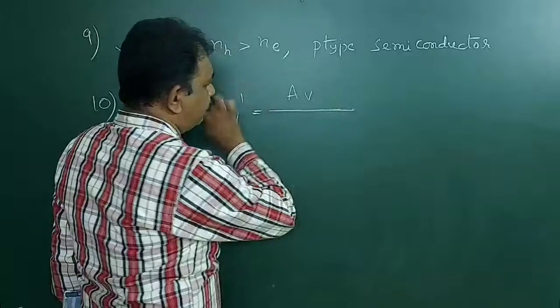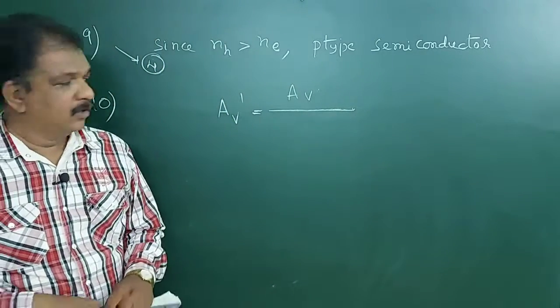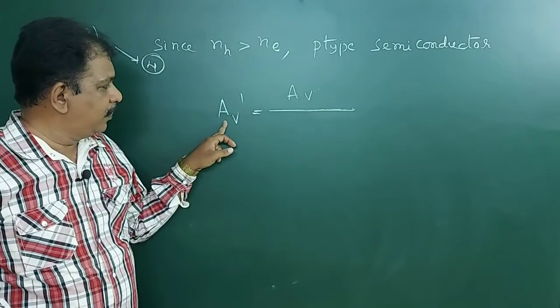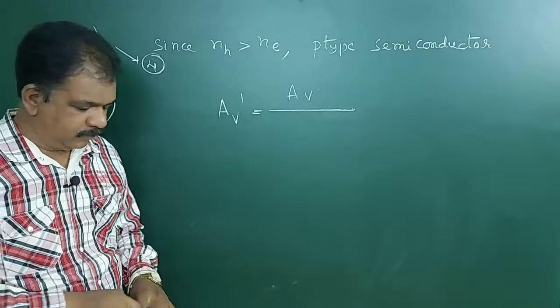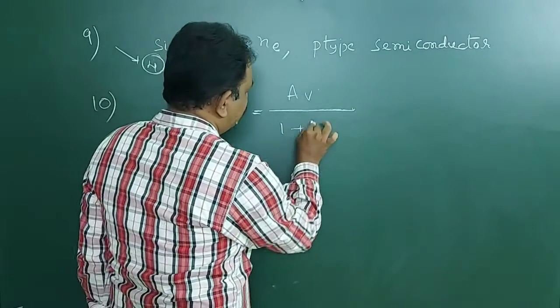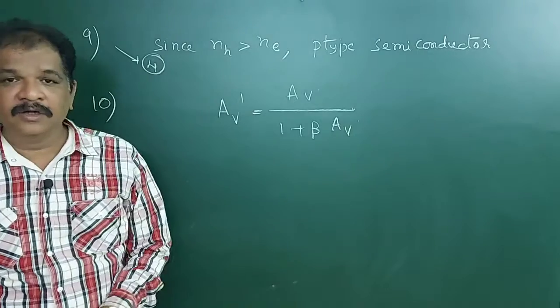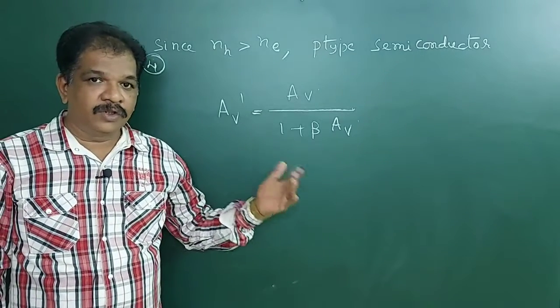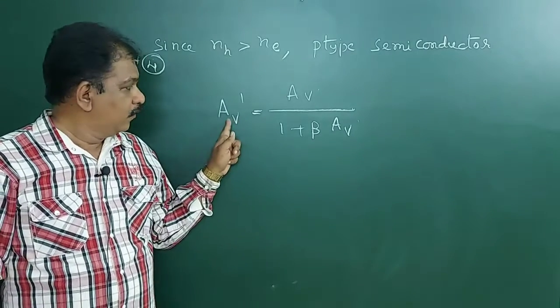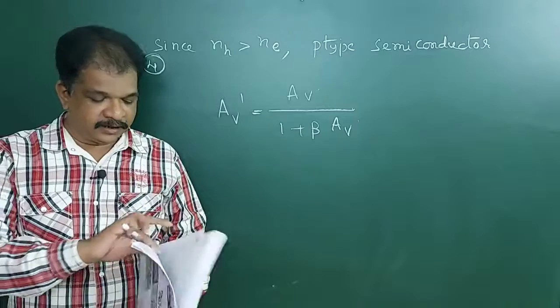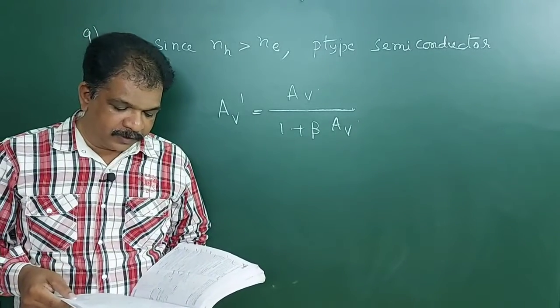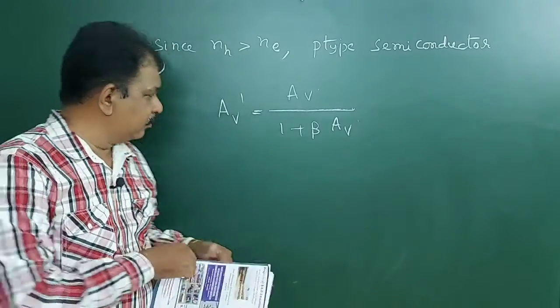Voltage gain without feedback will be AV. Voltage gain with feedback will be AV dash, equal to AV by 1 plus beta into AV. What is AV? Voltage gain without feedback. With feedback AV dash. With feedback how much they gave? 10.